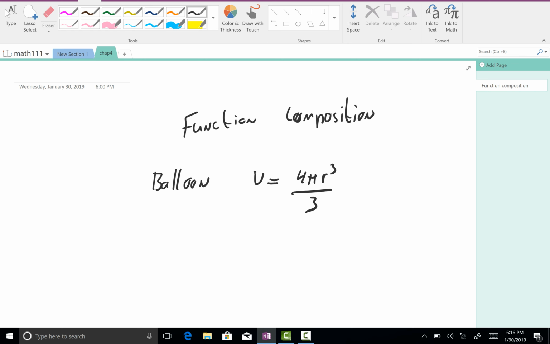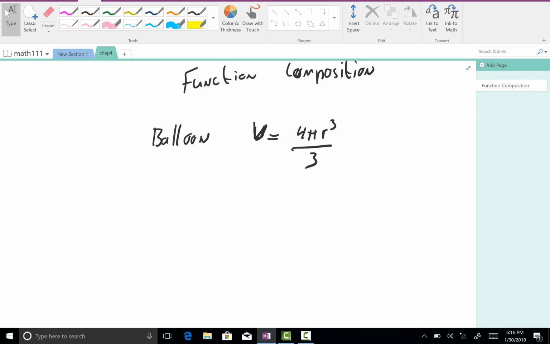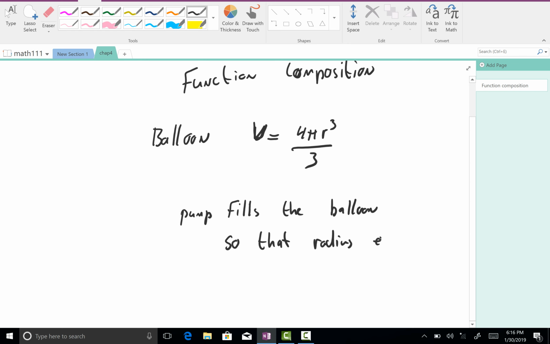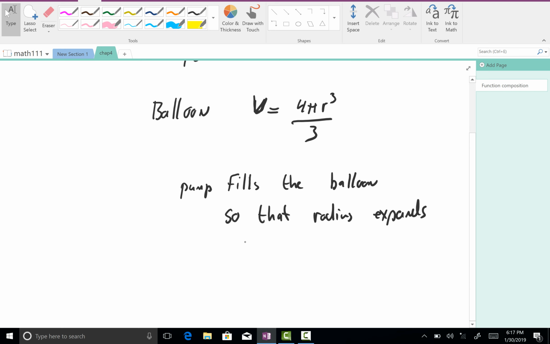And we have a pump because we're going to have a whole bunch of these balloons. I'm just going to keep blowing them up. We don't want to do it manually, so we'll have a little pump. And what the pump does is the pump fills the balloon so that the radius expands 1.5 centimeters.